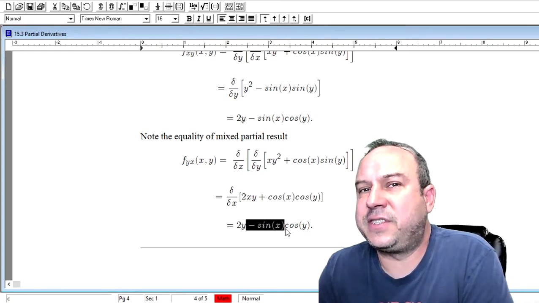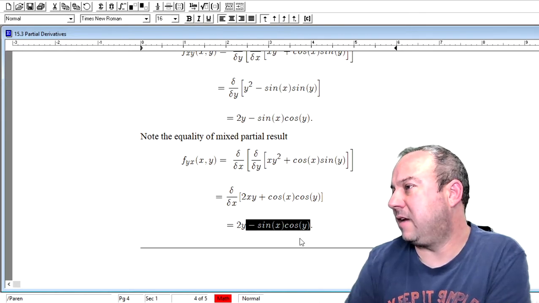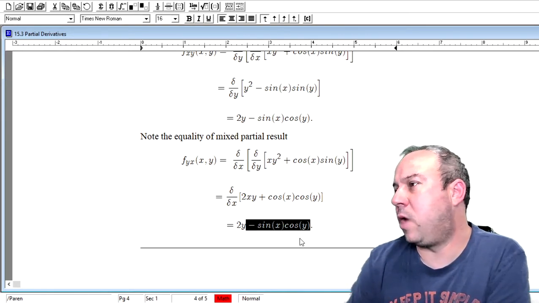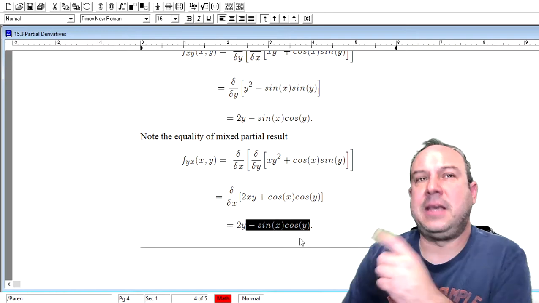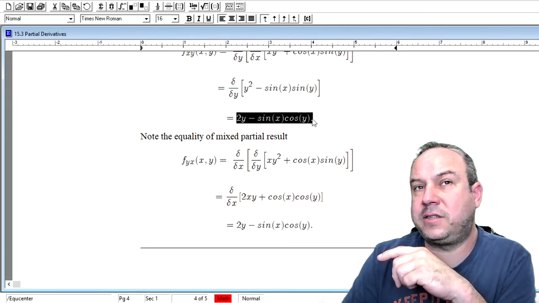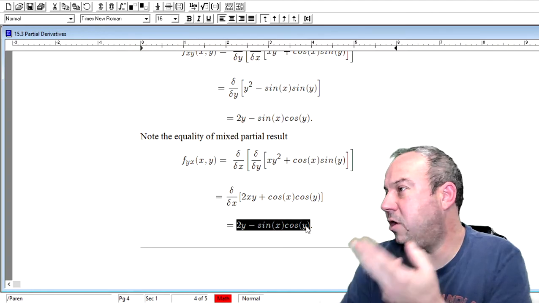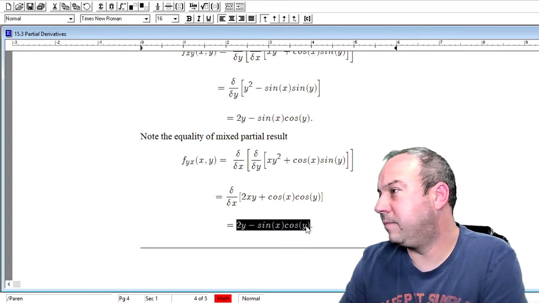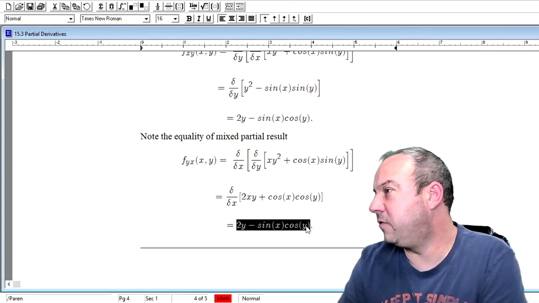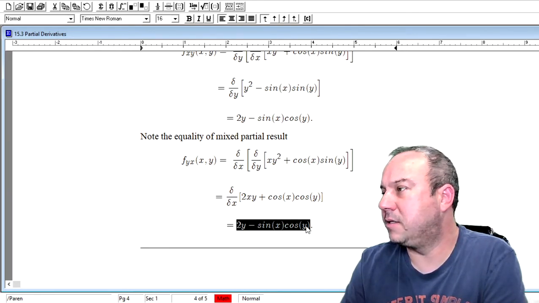So you get negative sine x times that constant cosine y. Negative sine x cosine y. 2y minus sine x cosine y is that mixed partial. And notice the equality here, folks, regardless of the order that we take those two partials in, changing the variable each time, they get the same result. It's called the equality of mixed partials.